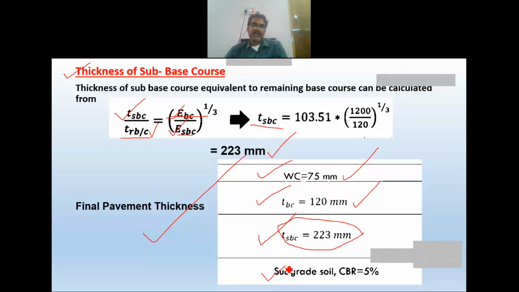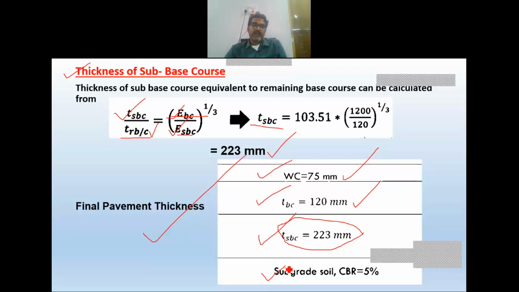This is the Asphalt Institute method. Very simple to calculate the individual layer thicknesses and to read the thickness of total flexible pavement. So I request you just prepare a theory on the pavement design method using Asphalt Institute method.